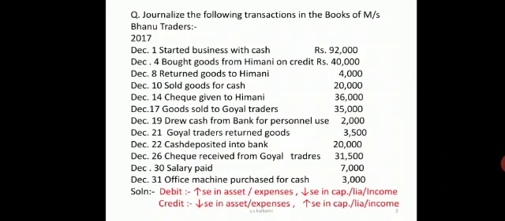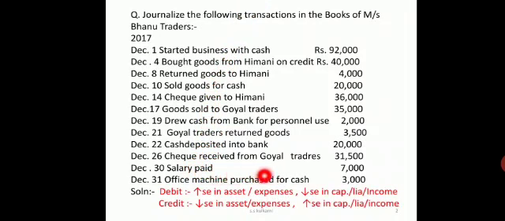Somewhere in the corner of a page, just write down the rules which are shown in red ink, that is, increase in asset and debit and credit.